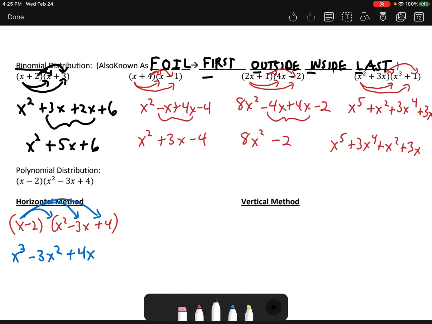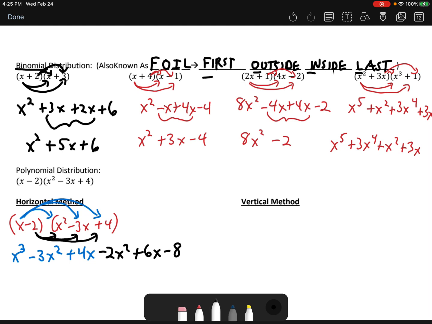Then we're going to multiply the negative 2. Negative 2x squared plus 6x, negative 2 times negative 3x, minus 8, negative 2 times 4. And then we simply combine like terms. Okay?